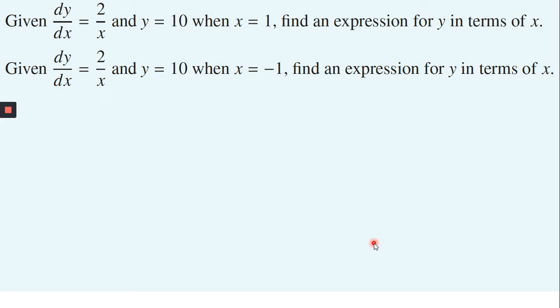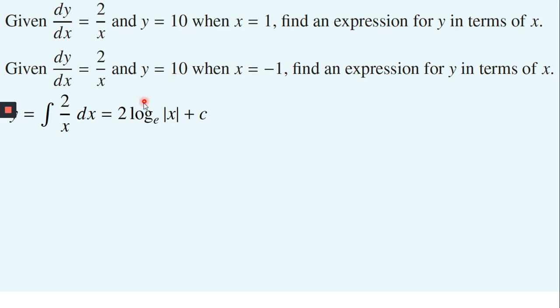Same-ish. So given that the differential is 2 over x, and when they tell us these two things, that means we can find c, doesn't it? Find an expression in terms of x. So we've got one where the x coordinate is -1, y coordinate is 10. Next one where the x coordinate is -1 and y is 10. So we do the same process.